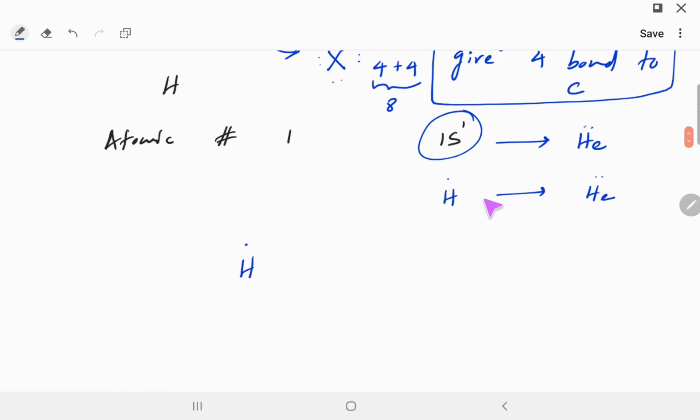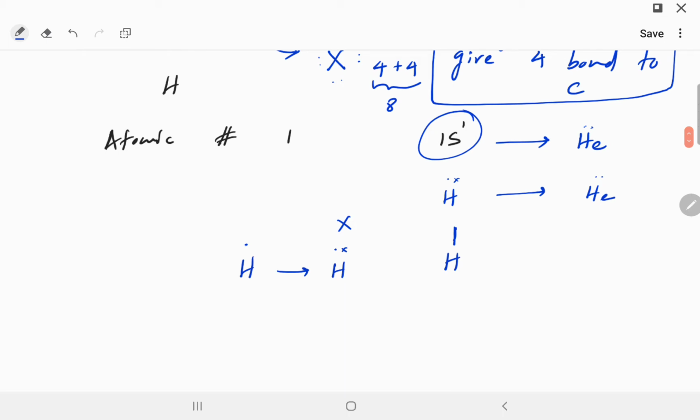When you are trying to achieve the helium configuration, you only need to find one other electron, one single unpaired electron. So all you need to do is make a single bond. If you are hydrogen, your whole purpose is to pair up your unpaired electron by finding another atom with one other unpaired electron.